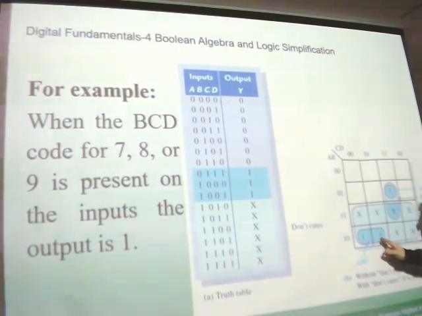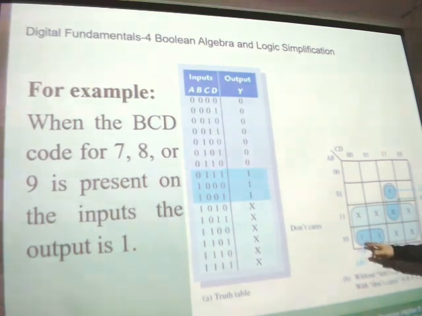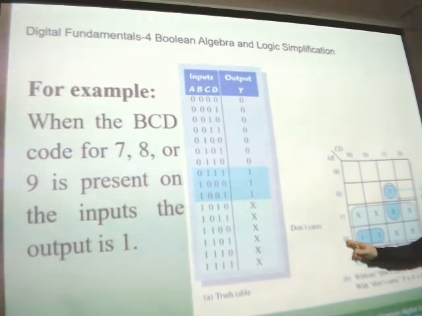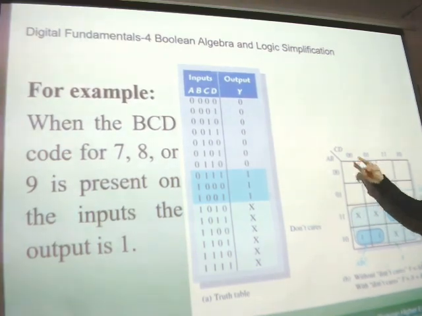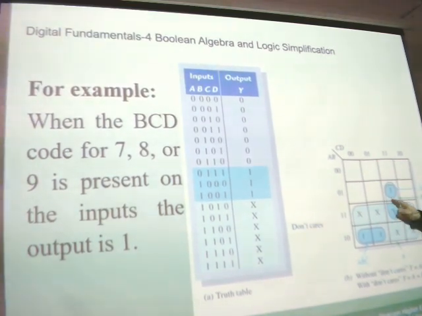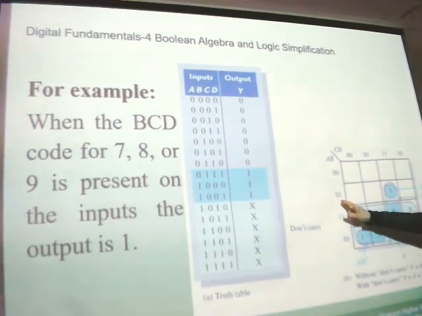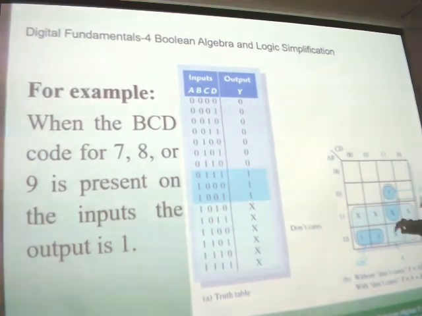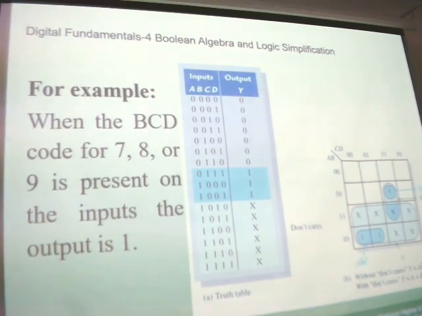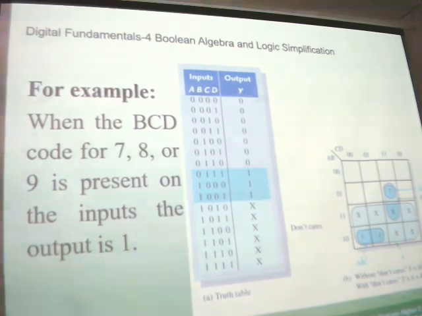So the product term is A B bar C bar. And for this product term, A bar, B, C, D. So the final SOP expression is A B bar C bar plus A bar B C D, if we don't use the don't care condition.